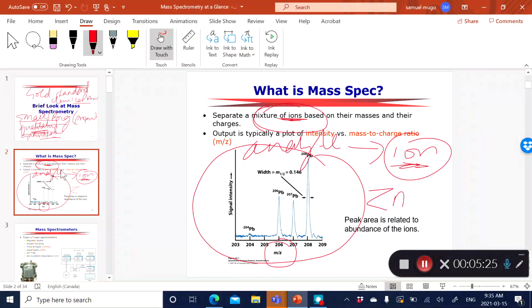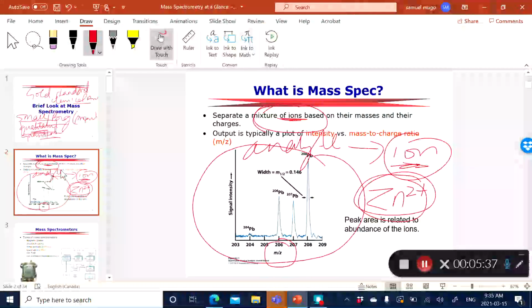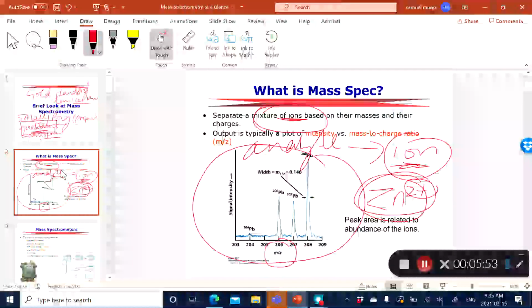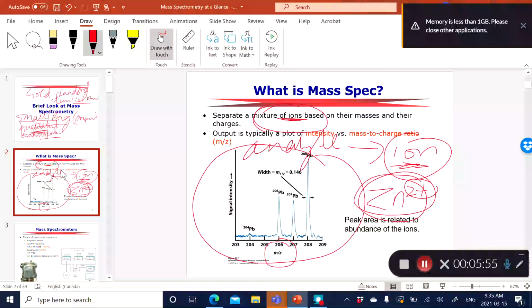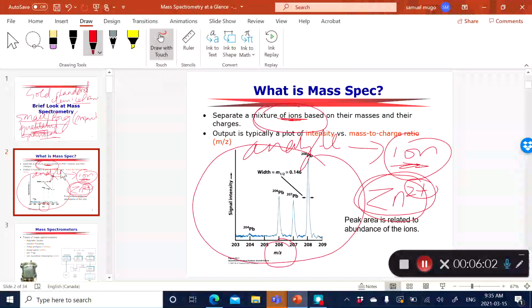So if you're doing, say, zinc 2 plus, you look at the atomic weight of the zinc, whatever it is, you can check in the periodic table, divided by the 2 plus, which is the charge of that ion. So essentially, a mass spectrometer is an analytical balance. You can think of it as an analytical balance, but it's only weighing ions relative to their mass as well as their charge.